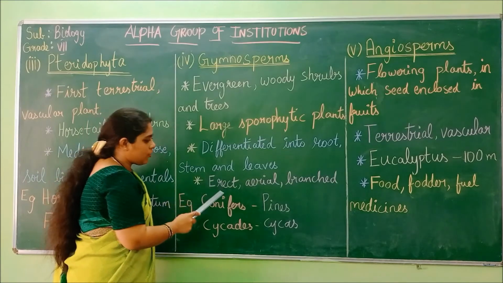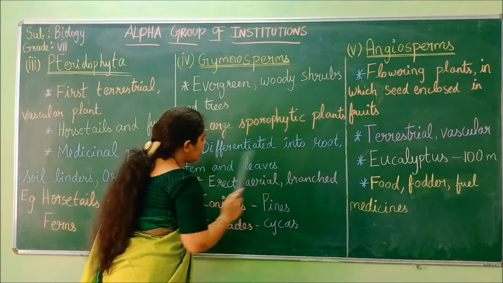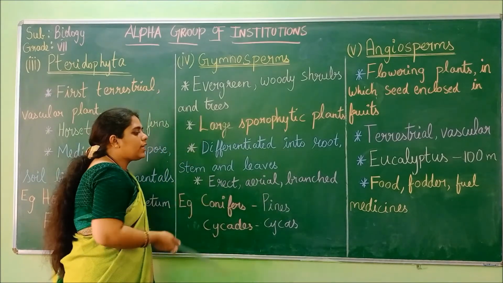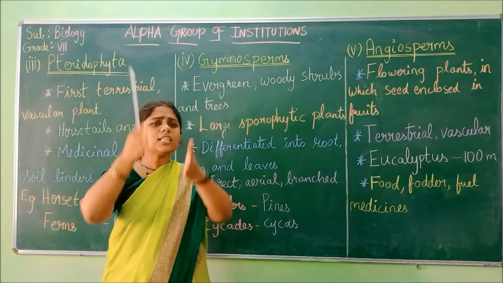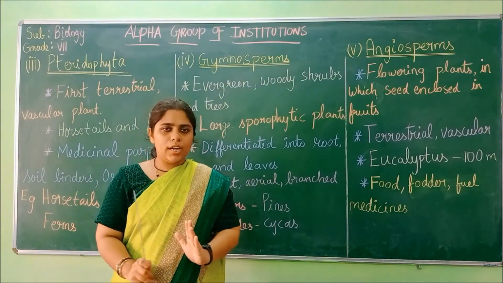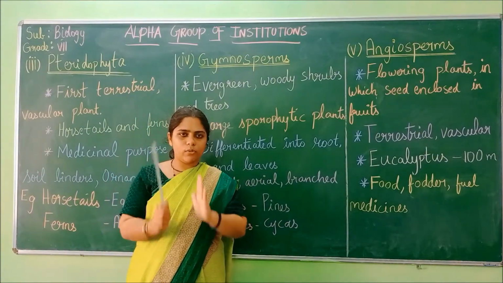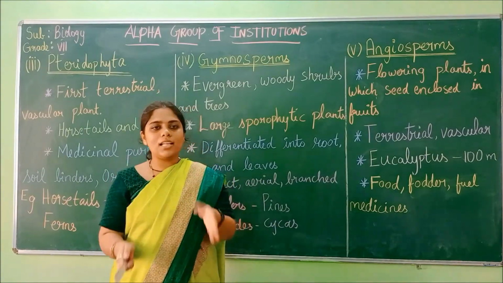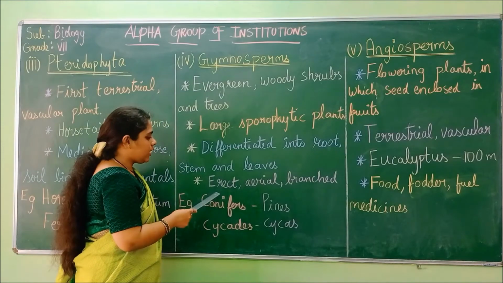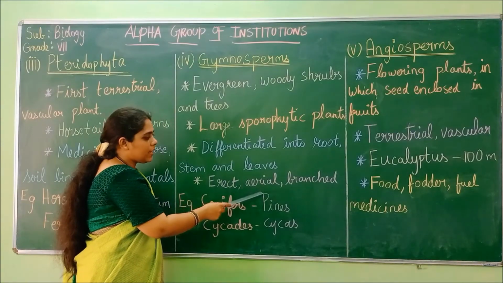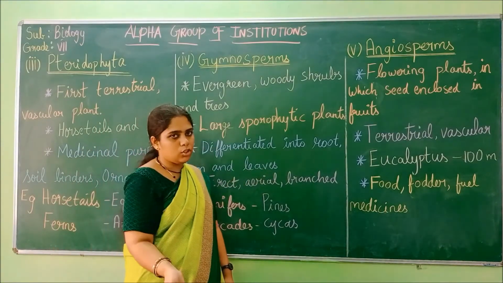Next is erect, aerial and branched. Erect and aerial means they are straight. How will trees be? They will be straight, they will stand erect. That is why they say erect, aerial, and we have branches.